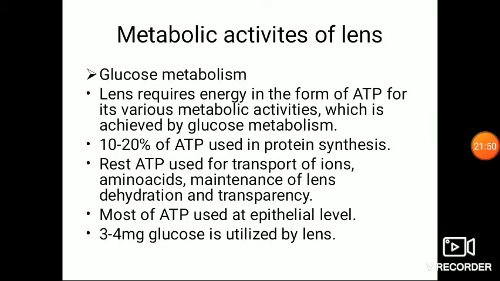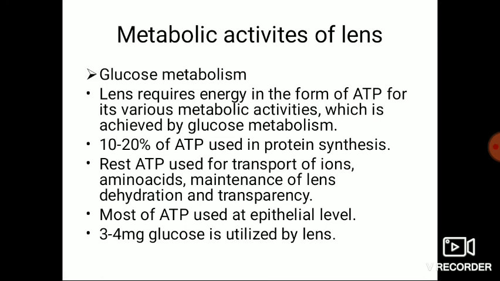Coming on to the metabolic activities of the lens, glucose is metabolized in the lens, which supplies the ATP. The lens requires energy in the form of ATP for various metabolic purposes, and 10 to 24% of the ATP is used in protein synthesis, and the rest of the ATP is used for the transport of ions and amino acids, and maintenance of lens dehydration and transparency.